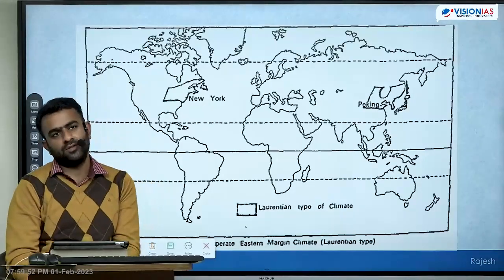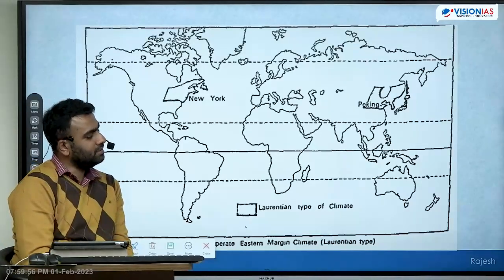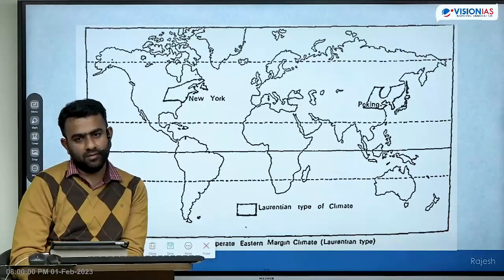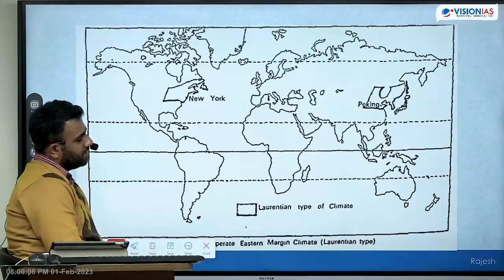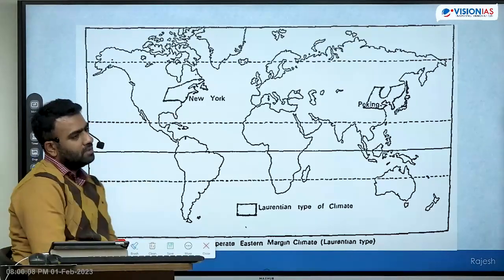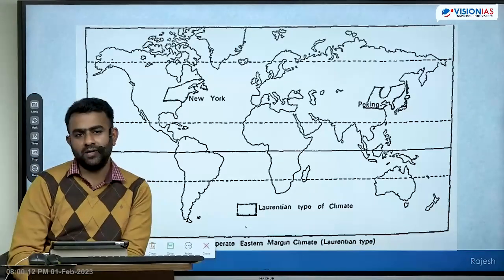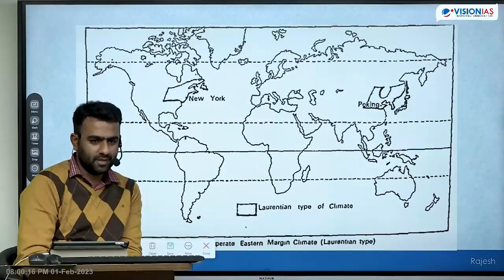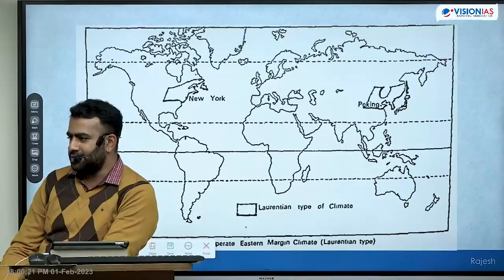Eastern Canada, Northeast USA and Northern China, Korea and Japan. जापान में दोनों मिलता है आपको. The southern Japan is actually China type. The northern Japan is actually Laurentian type. ठीक है. So northern China, Korea and Japan, they are all Laurentian type of climate.